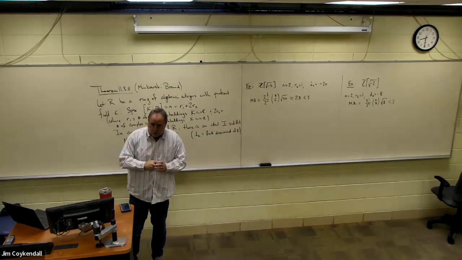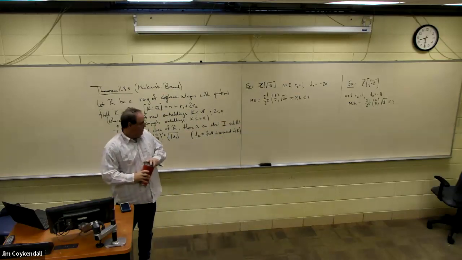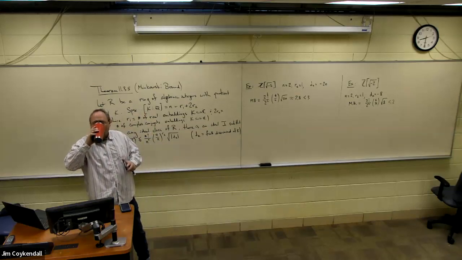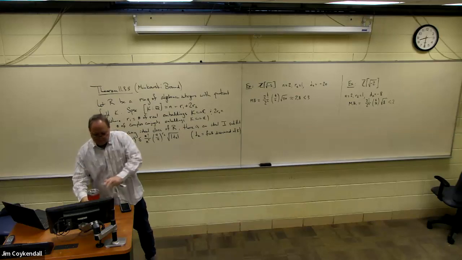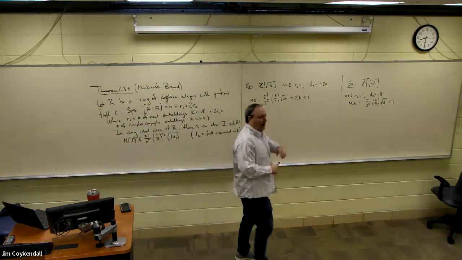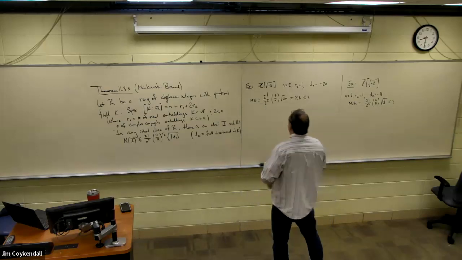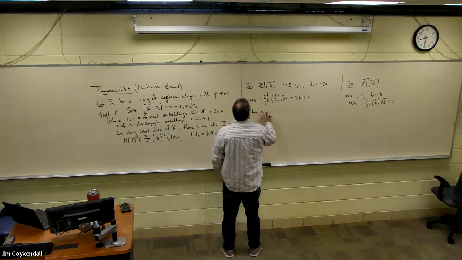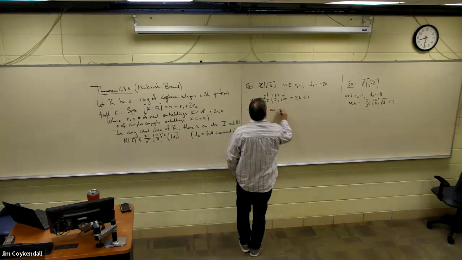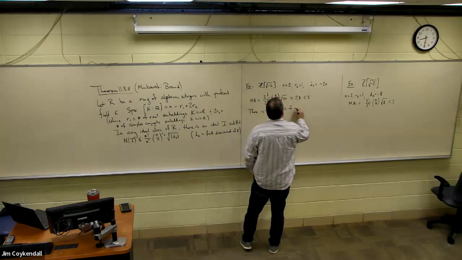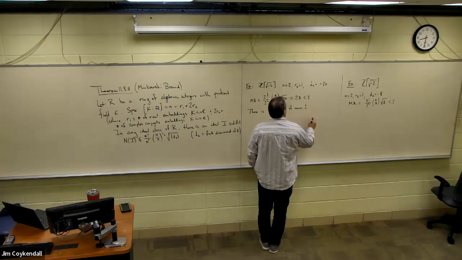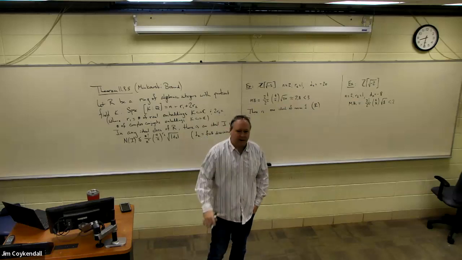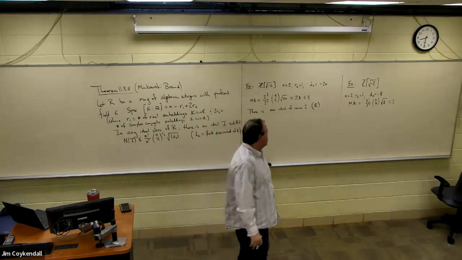Now, this of course still could be a UFD, right? But we know that it's not. So, how many ideal classes are there? Well, one is the ideal one, the entire ring, right?